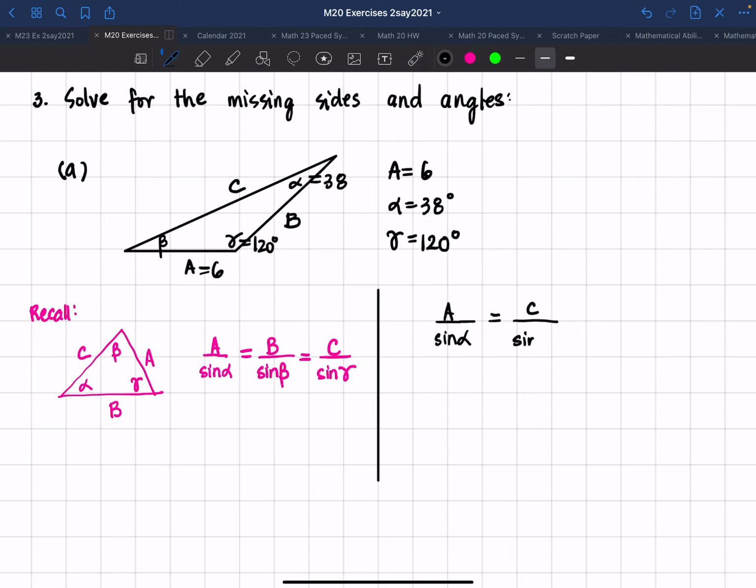Tapos, ang sine mo, 120 degrees, equal siya sa C over sine 38 degrees, ang alpha. So, dito kailangan talaga natin mag-calculator. Pero ako pinapaiwan ko yung sagot ng as is na lang.